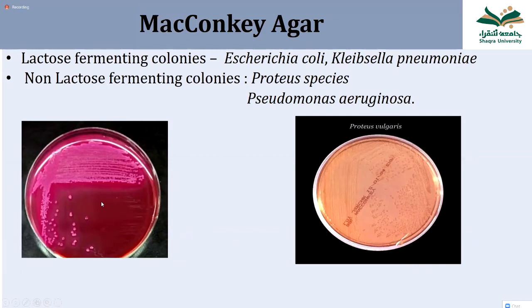Some bacteria form lactose fermenting colonies, some form non-lactose. The lactose fermenting bacteria are Escherichia coli, or E. coli, and Klebsiella. And this may be Proteus or maybe Pseudomonas. This is non-lactose fermenting. Clear? Clear, doctor.